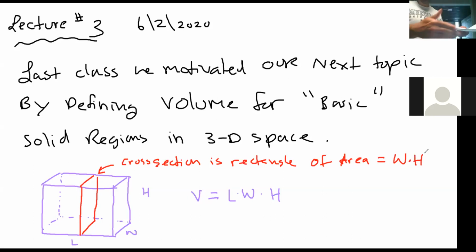It has a width. It has a length. So we can compute the size of this paper. But we also note that we can imagine that this rectangular box that I'm holding in my hands right now is made up of lots and lots of sheets of paper.